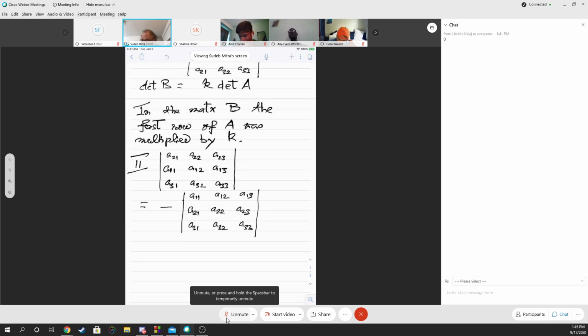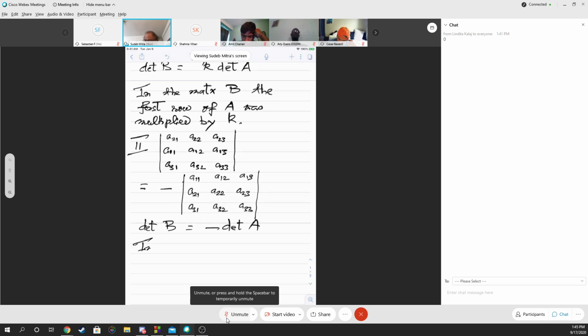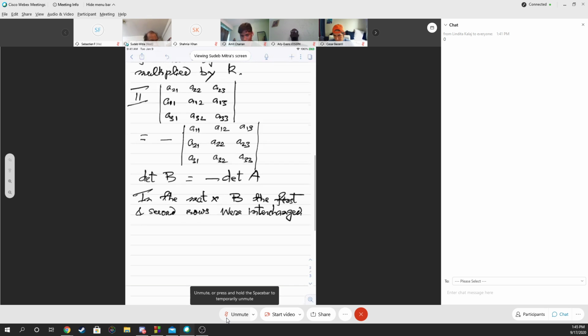So here what is happening is the determinant of B is minus the determinant of A. In the matrix B, the first and second rows were interchanged.